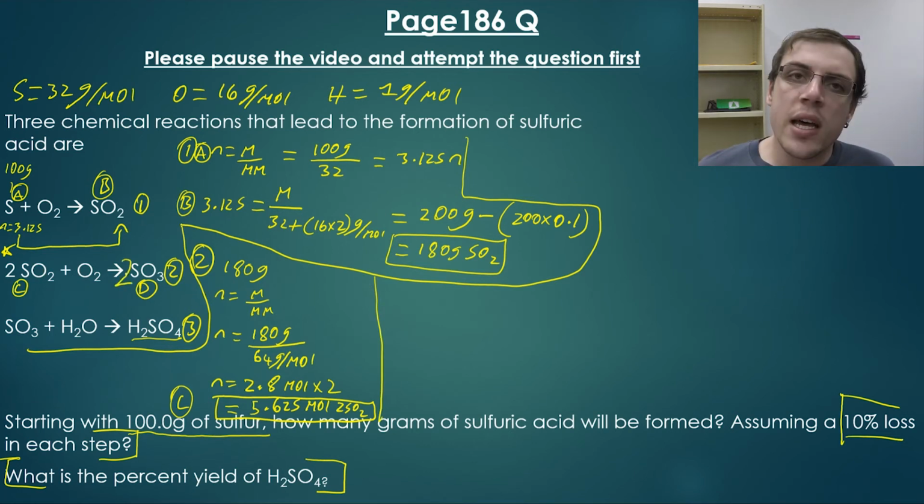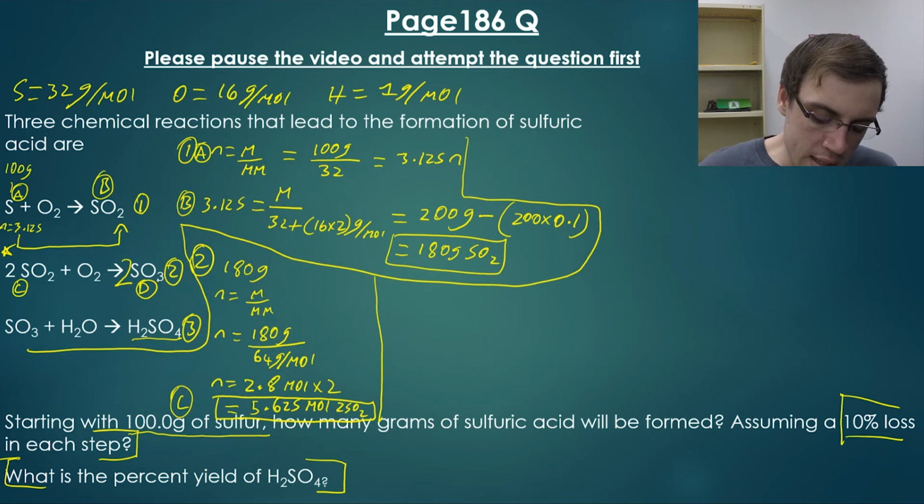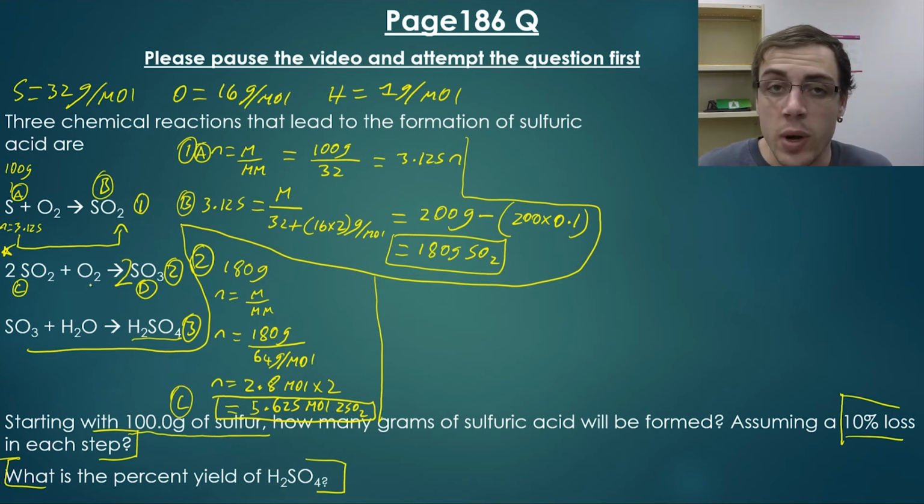So now that we've calculated the number of moles over here, we can now calculate our number of sulfur trioxide. Now, sorry, there was a slight typo there. It actually wasn't balanced properly. So we have 2 is to 2. So that means that it's a 1:1 ratio. So we're fine.